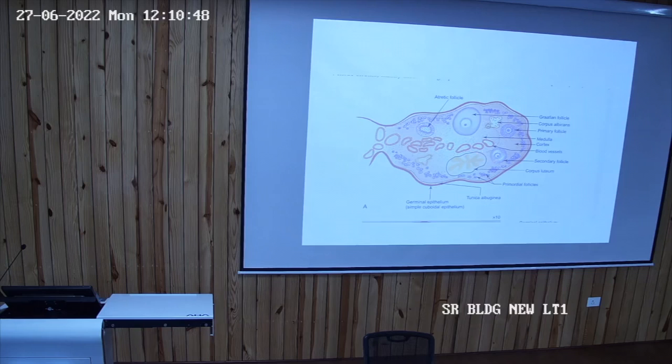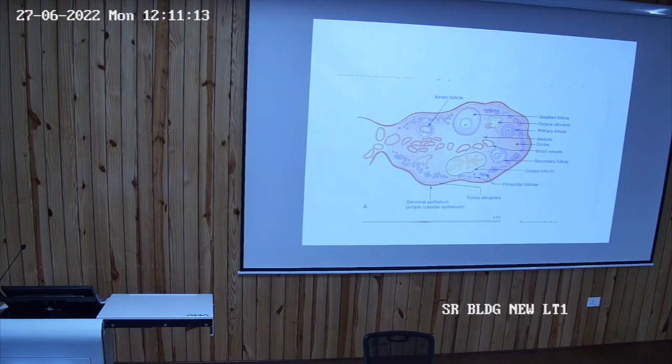And the secondary follicles further mature into the Graafian follicle. But note down here, only one follicle matures into the Graafian follicle, not all. The rest of the follicles degenerate, and this degeneration of the follicles is called atretic follicles.